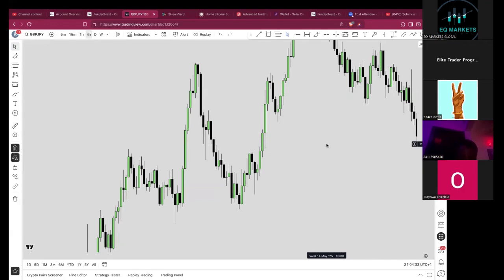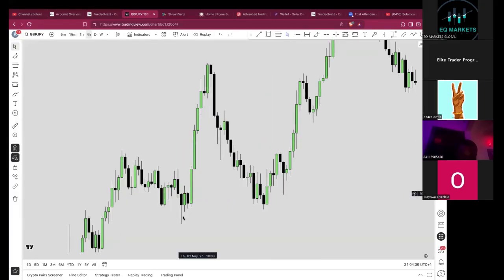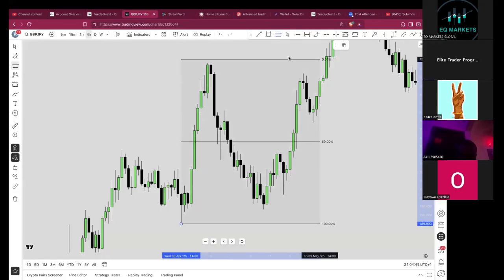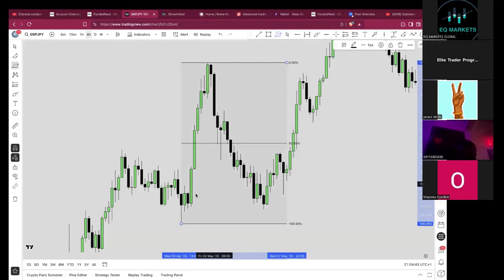Now, if I look at price moving from here to here, you realize that I have so many fair value gaps on my way downward if price was coming downward. I have one here, one here, one here, one here.